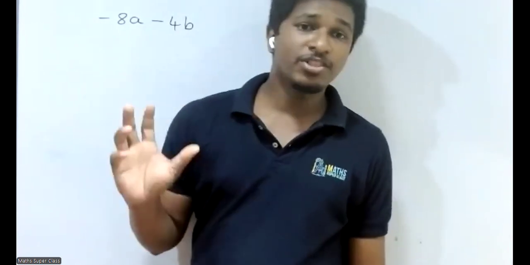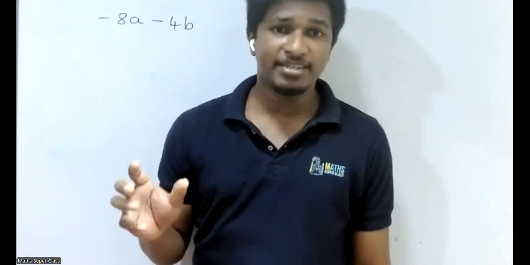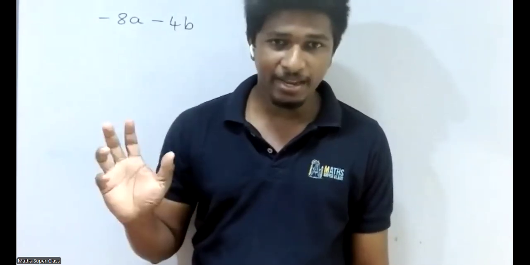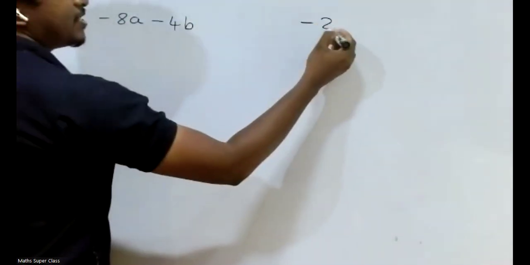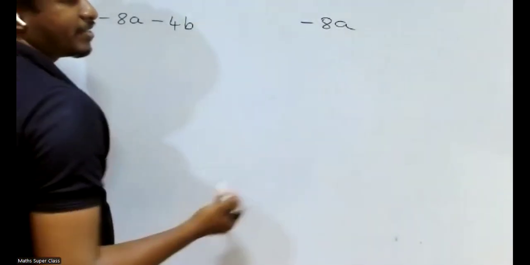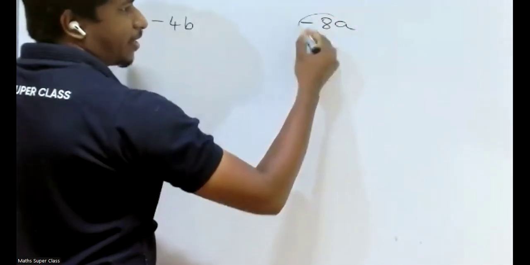So for that, we have to find the common factors. What are the common factors? Here, minus 8a. First, we can take minus 8.